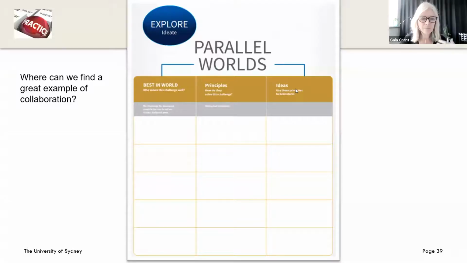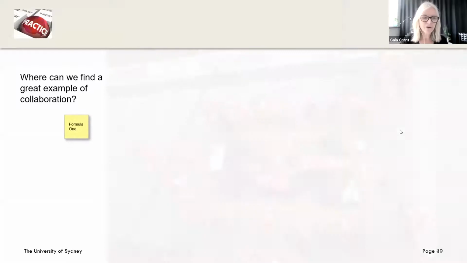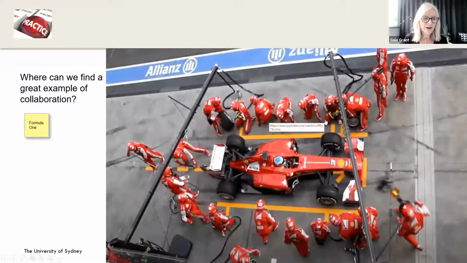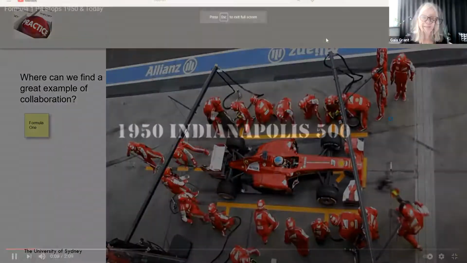So let me show you how they've been able to progress that through an example. So I've got the Formula One team as an example of the best in the world. They're very, very fast, very collaborative. And here's the video to show you how they work in practice. So you'll see the 1950s version and how much slower they were, and then how much they've sped up this decade.